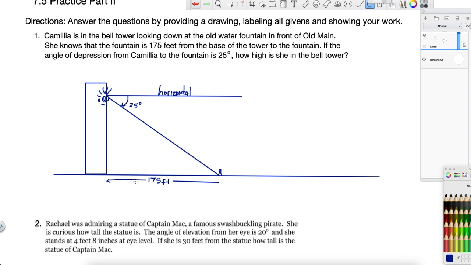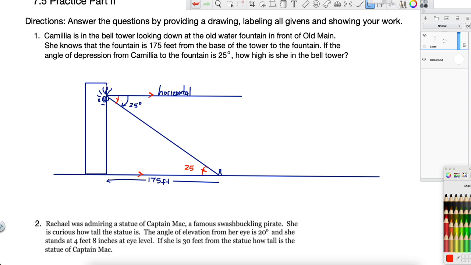Well, the ground is also horizontal. So we know that this segment is going to be parallel with this line. That makes these two angles alternate interior angles, and alternate interior angles are congruent. So this is 25.